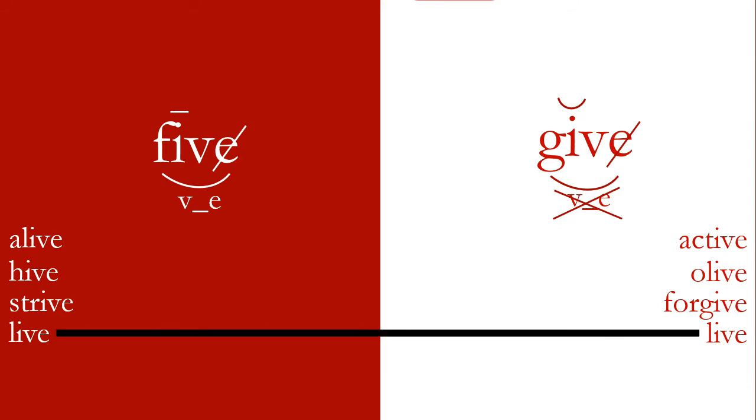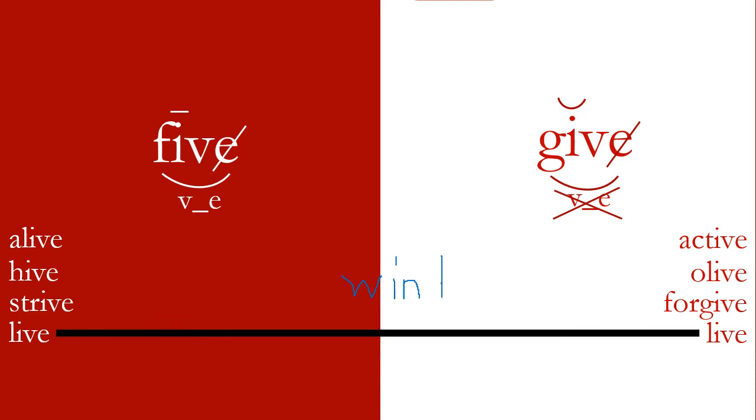Oh, this one can be live and live. What does this remind you of? Think of the last time we talked about exceptions. It should remind you of the word wind. Remember that? Wind was also wind. So we have wind and wind, and we have live and live. Something to be careful about.